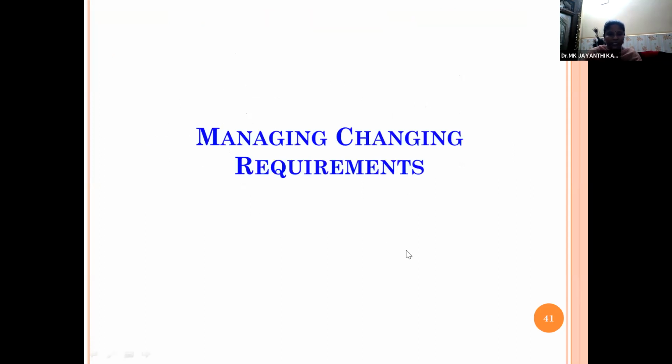The next topic is managing changes in the requirements. Once the requirements document is written, if you want to make any changes in the procedures or methods, the end users, the software or hardware configuration, or the table design, how do we manage the changes in the requirements?